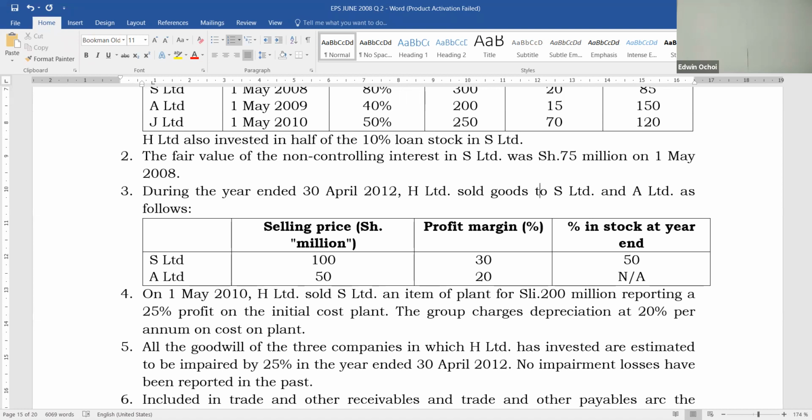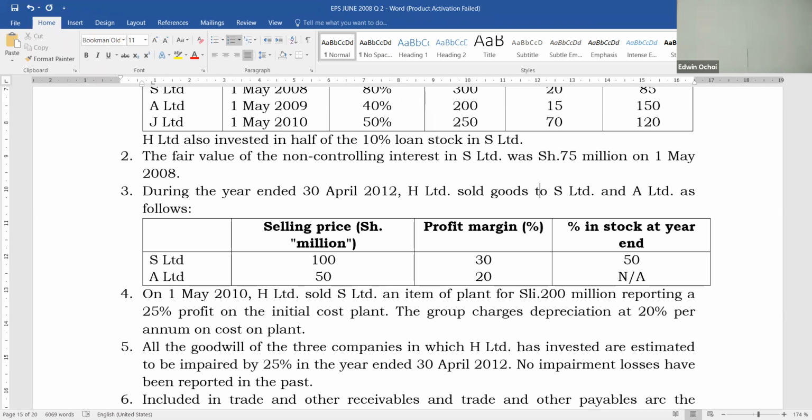So H was transacting with S and A. He sold goods to S at a selling price of 100, including a margin of 30%. But you can see by the end of the year, in the stock of S, these goods he received from H were not resold entirely. 50% of those goods were remaining in the stock.